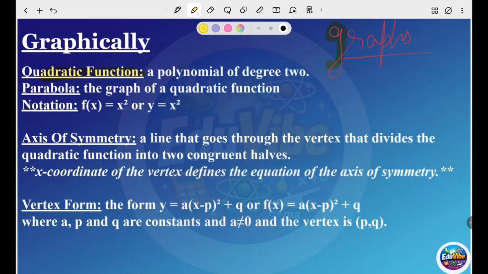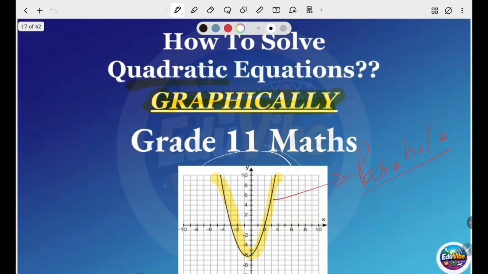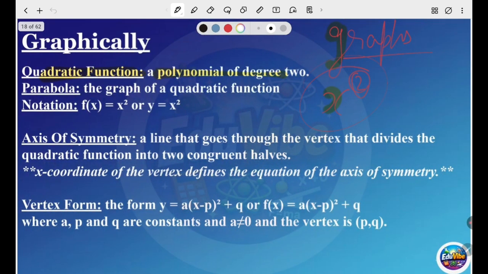The quadratic function is a polynomial of degree 2. If we write an equation like x squared, the 2 means the degree is 2. As I told you, this is the parabola. The parabola is the graph of quadratic functions. Functions are written in this way.